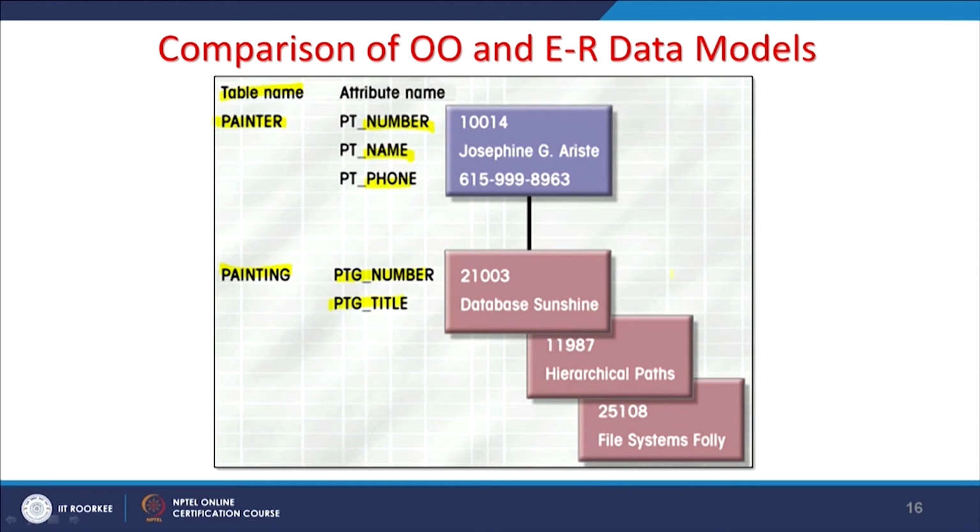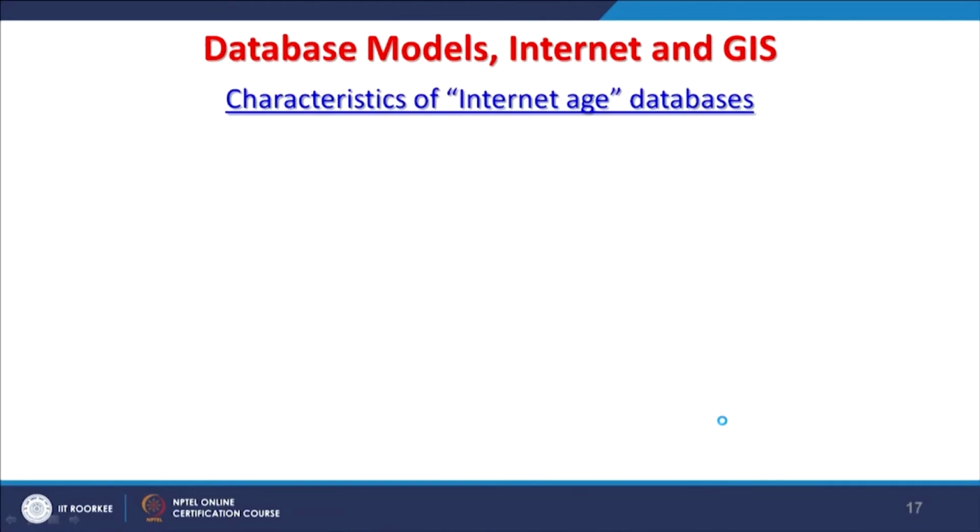Here we have a database and hierarchical path and file system folder, whereas in case of the other database model, things might be different. Now, we discuss what is the real future of this, or what is really happening currently.